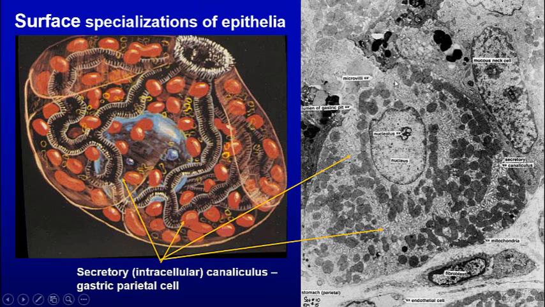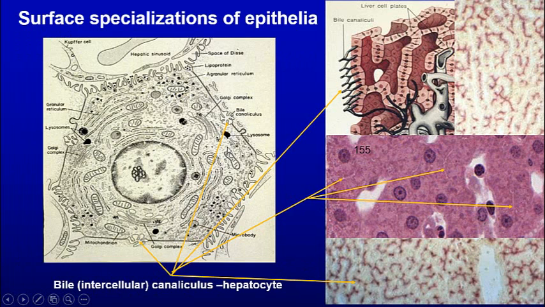But also you see that the lumen comes down deep within the cell. This is a secretory canaliculus that we're seeing through there, and you can see where it comes down deep in here. So the cell pumps out chloride, pumps out hydrogen ions. They get together and make hydrochloric acid, and the cell doesn't have to hold the hydrochloric acid inside. It is already in the lumen to be discharged.